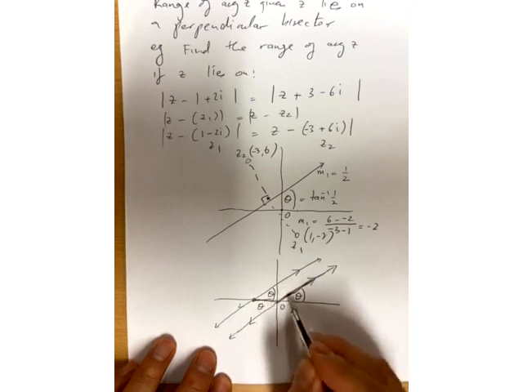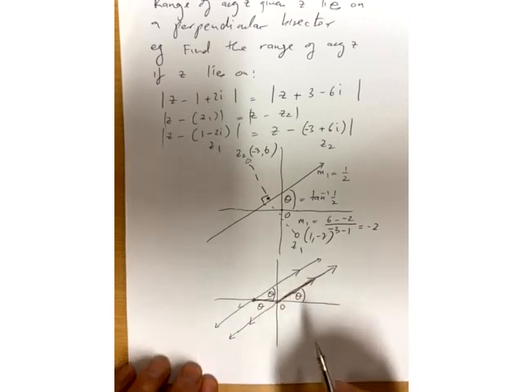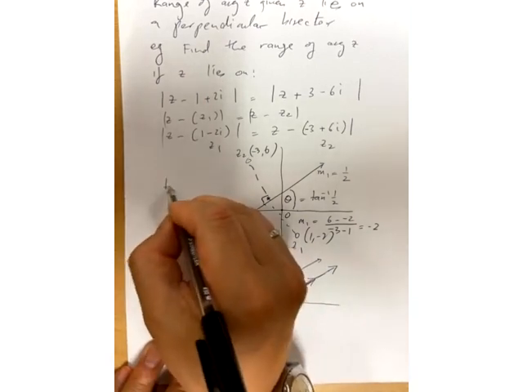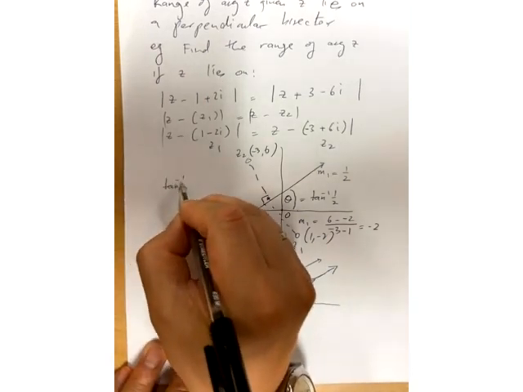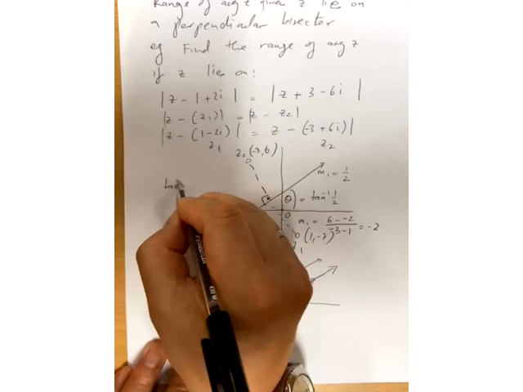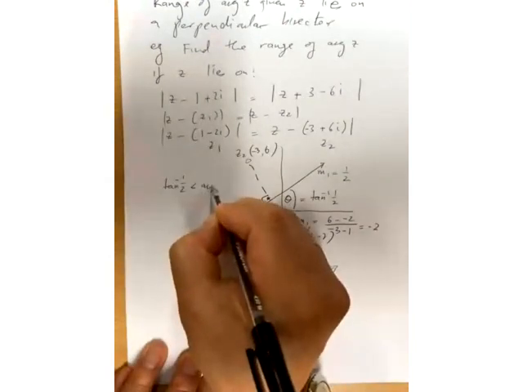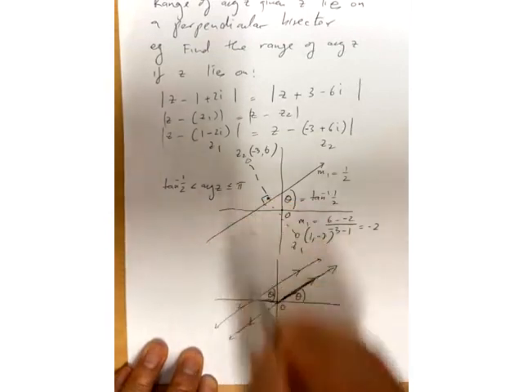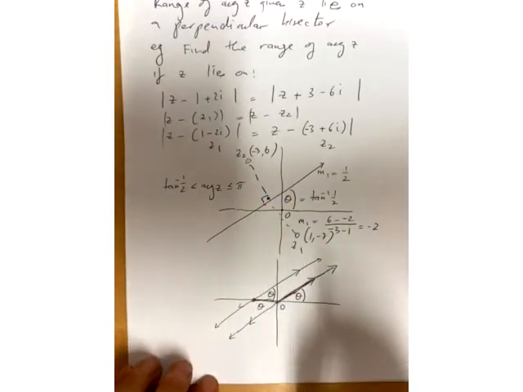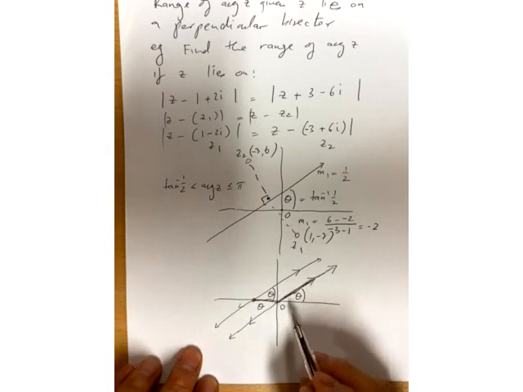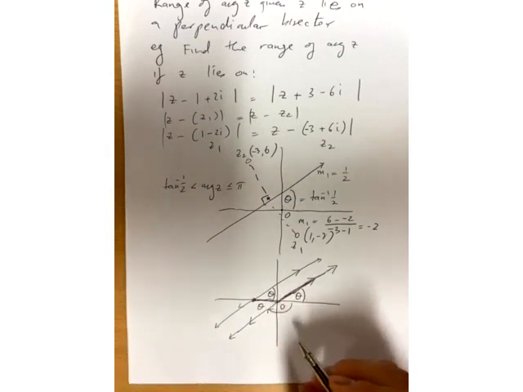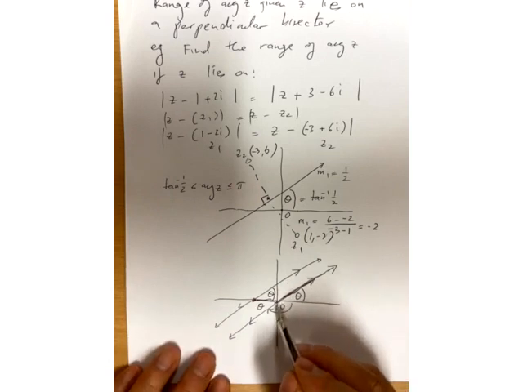So for the positive bit, your argument then is going to range between tan inverse of a half, never equal to, by the way, and it's going to equal pi when it's over here. Your negative one rather is going to go from this, which is the biggest negative one, to the smallest negative, which is negative pi.